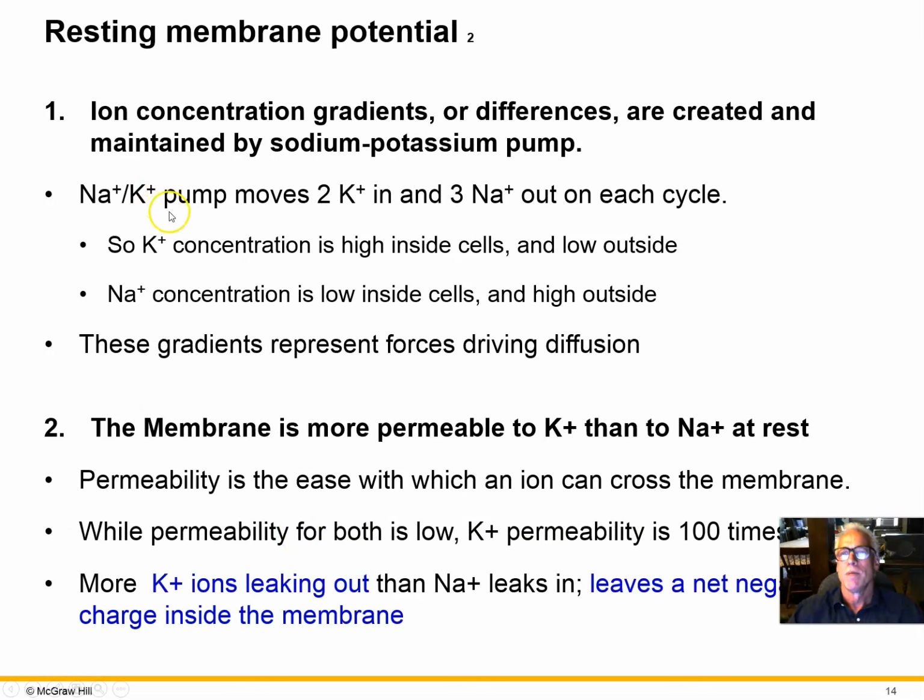So what is a sodium-potassium pump? It's a membrane protein that uses ATP, it's in all the cells in your body, to pump potassium ions into the cell across the membrane and sodium ions out. That's all it does all day. Collects potassiums into the cell and kicks out sodiums. So consequently, potassium ions accumulate, and there's a high concentration of potassium in the cell, and sodium concentration goes down.